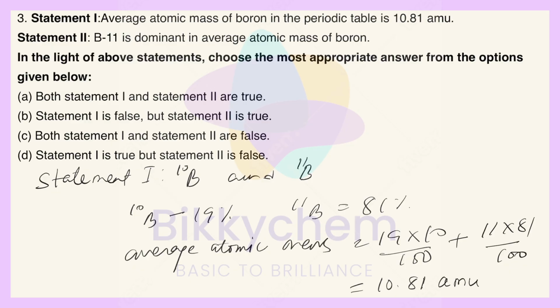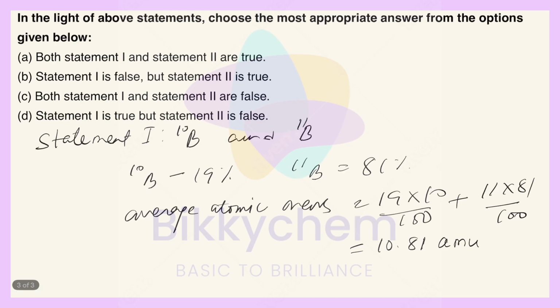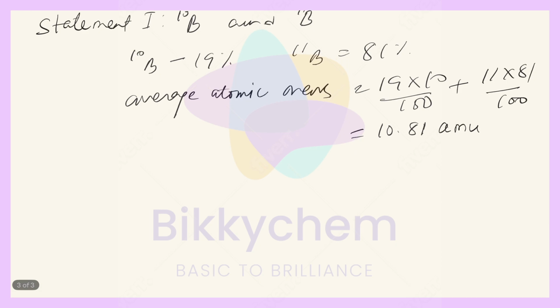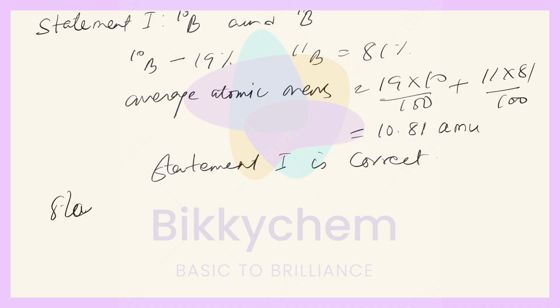So it matches statement 1, which is 10.81 AMU. So statement 1 is correct. Let's see statement 2. According to statement 2, boron 11 is dominant.